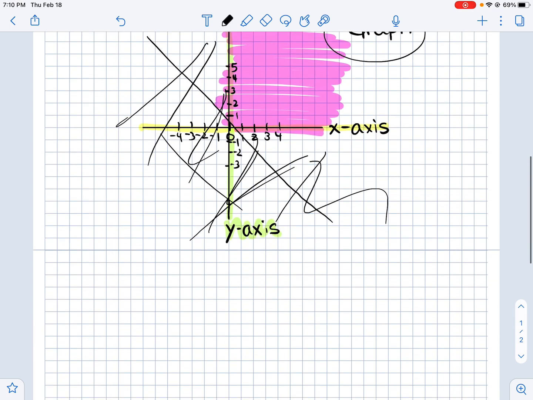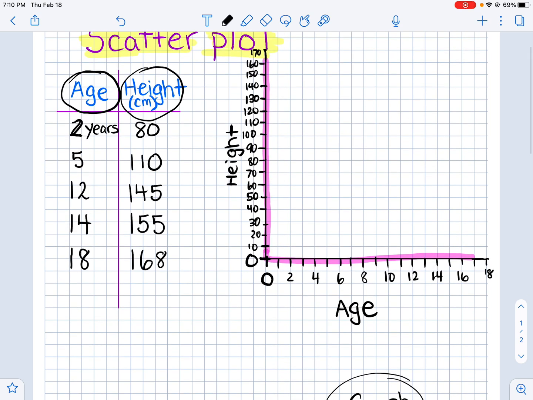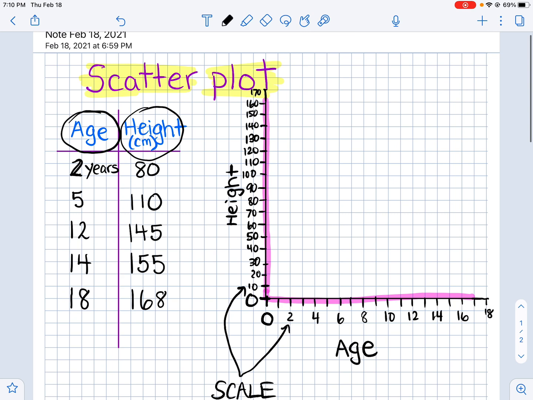So we don't have to go 1, 2, 3, 4. We can do 10, 20, 30, 40. You can go any number. So that's our scale. These numbers are called a scale. And we're graphing the age of somebody and the height.